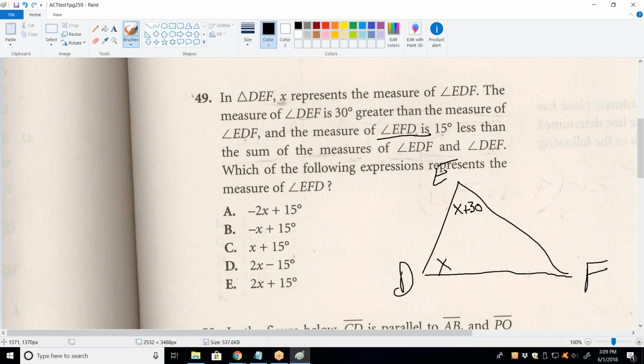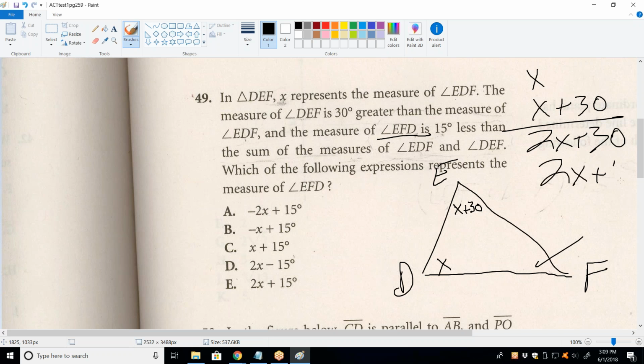Wait, it's less than the sum of both of those? EFD, which is this one right here, is 15 degrees less than the sum of the measures of the other two. Well, there's the other two. The sum of those is 2x plus 30. 15 degrees less than that is 2x plus 15. So I would say that's 2x plus 15, except now I have a real problem. Oh, no, I don't.